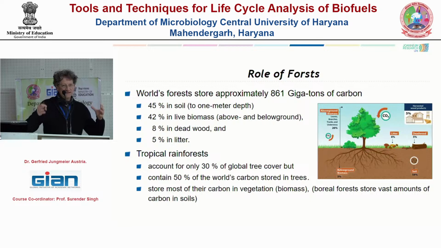Because in the trees, in the soil, in the litter, carbon is stored. And it's interesting to see that in the soil and in the living biomass, roughly the same amount of carbon is stored. So it is a really big amount of carbon you don't see, because it's more or less in the soil. And as soon as you start changing the forest, you might also release additional carbon to the atmosphere.